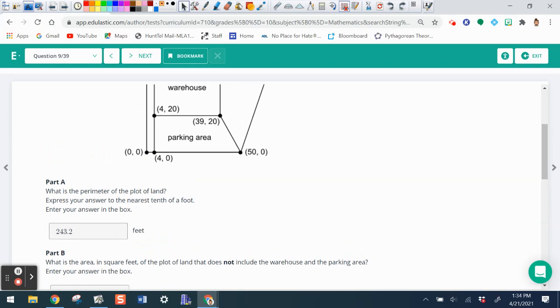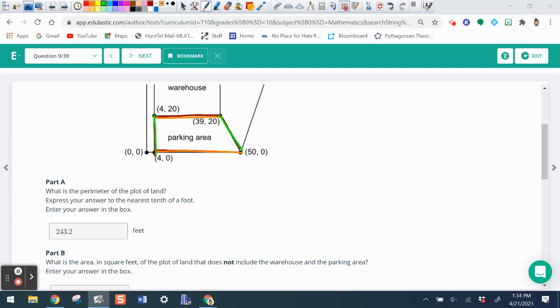So now we definitely have to address what it looks like for the parking area to be a trapezoid. In a trapezoid, these 2 parallel sides have to be what's called the bases. So these 2 sides that I highlighted in orange are the bases. Therefore, these other 2 sides are called the legs.